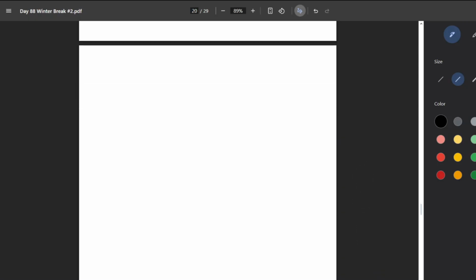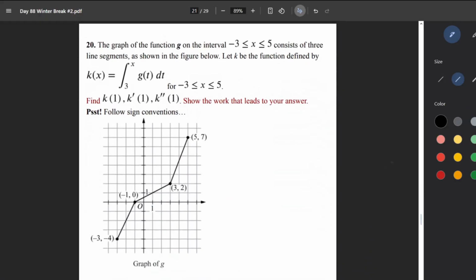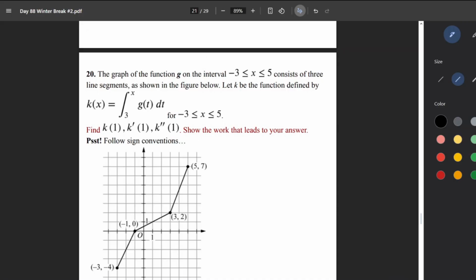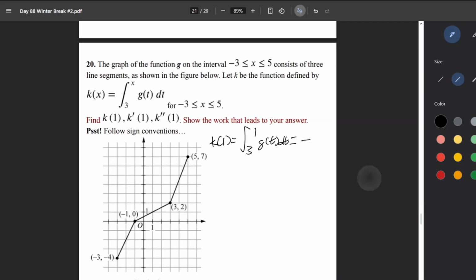Just 8 more pages. So k of 1, we know that k of 1 equals the integral from 3 to 1 of g of t dt. Since the lower bound is bigger, the areas above the x-axis will be negative since the lower bound is bigger than the upper one.